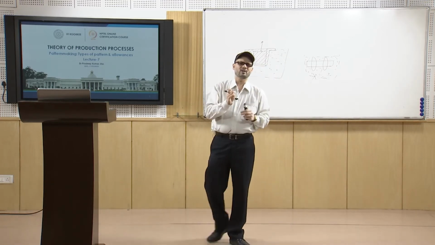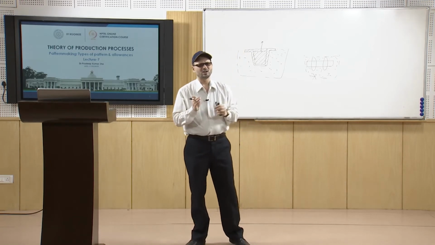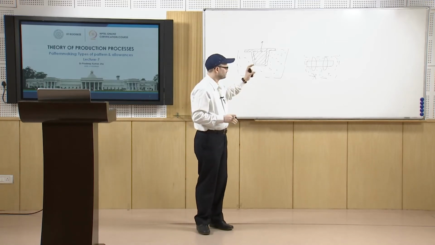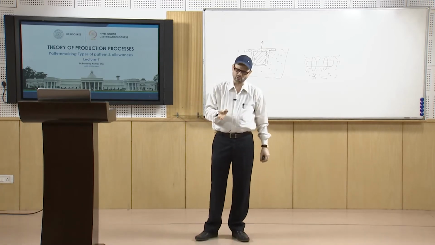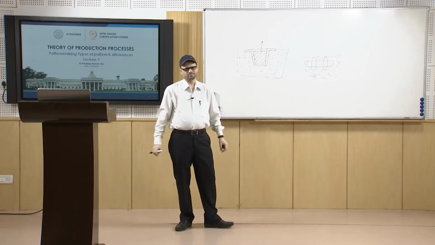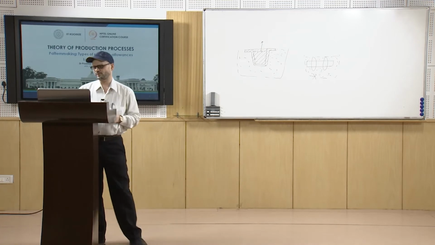You cut the channel by hand for the entry of the molten metal, so that after making the cavity, when you pour the liquid metal, it goes through that channel and enters the cavity. So, this is the example of a split pattern or two piece pattern.